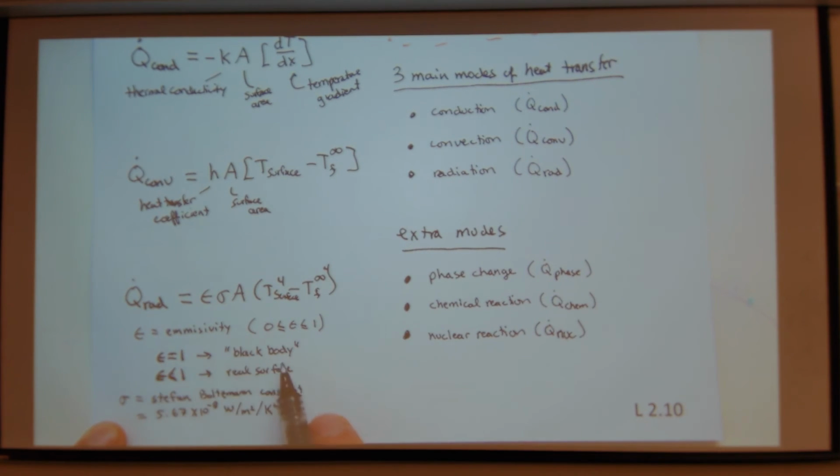So there's such a thing called a black body. That's when epsilon is equal to 1. For a real surface, epsilon is less than 1. If I look at a wood-burning stove, it's black, with black paint.